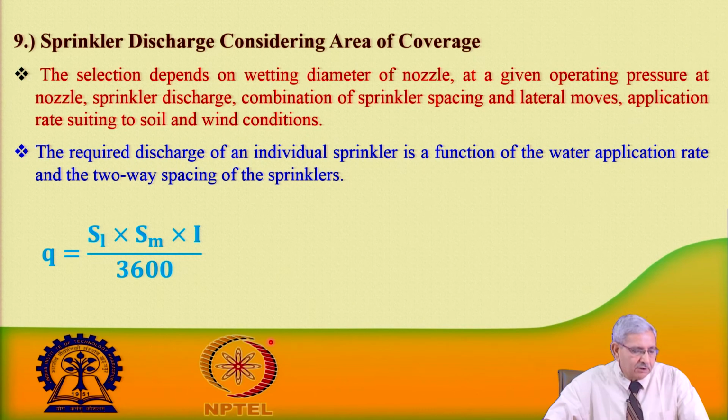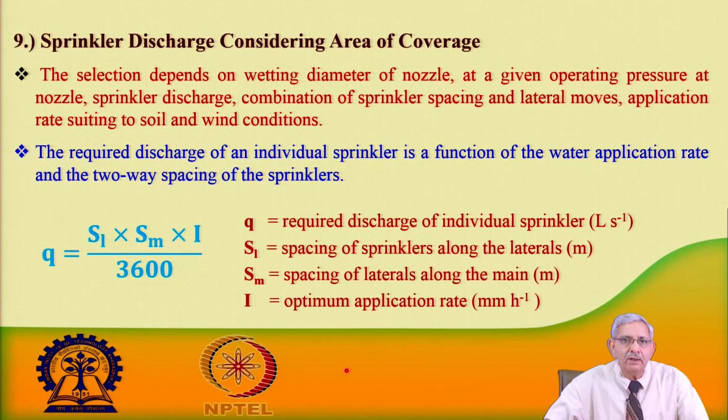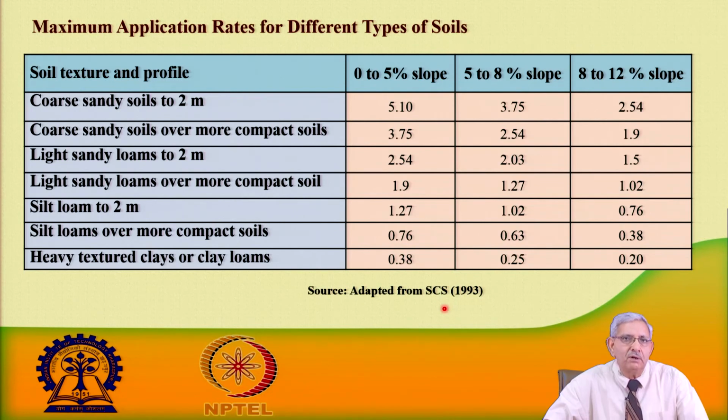Depending on the type of unit we are using, the application rate I is in millimeter per hour, S L is the spacing of sprinklers along the lateral, and S M is the spacing of the laterals along the main, or the spacing of the sprinklers along the main. That way also it can be told.